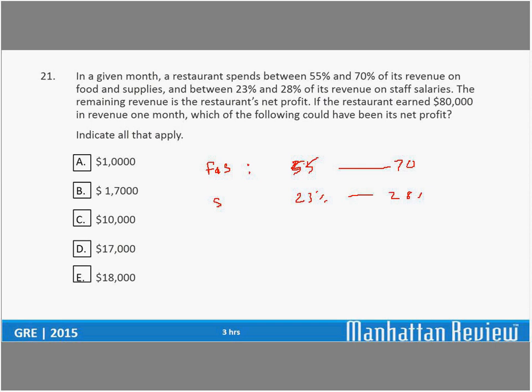Whatever is remaining from the revenue is the profit. If the restaurant earned $80,000 revenue in that month, which of the following could have been its net profit?